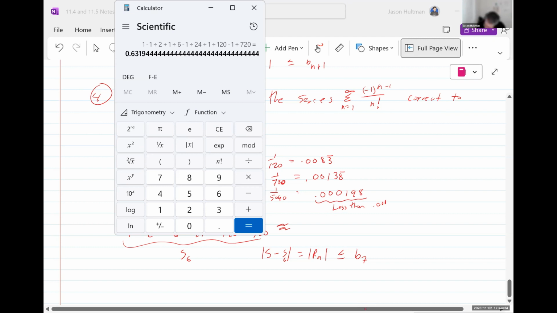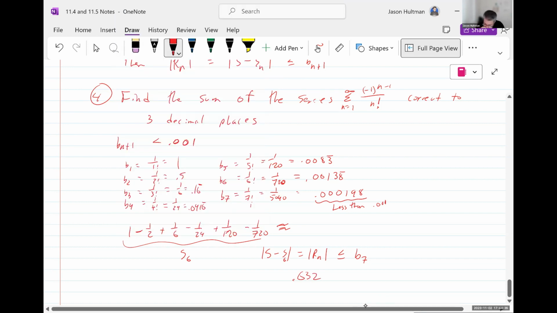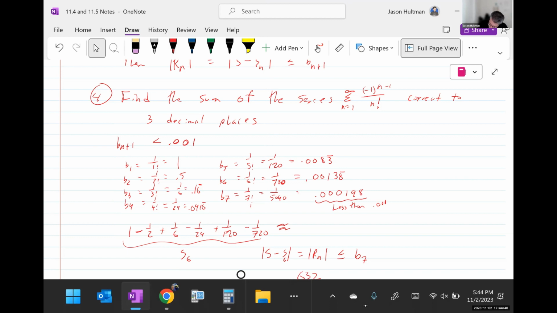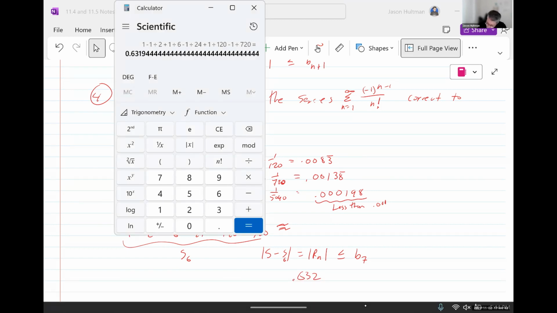Okay. Now, if I add another term here, what happens? If I add b7, which is 1 divided by 5040, I get 0.6321, and it's still 0.632.